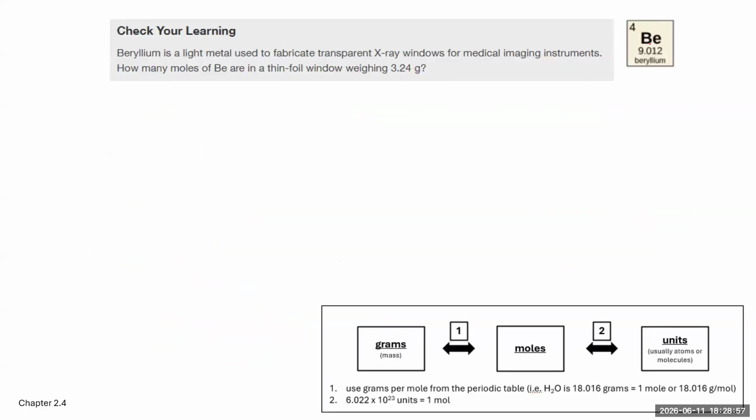Okay, let's just start doing stuff now. Okay, beryllium is a light metal used to fabricate transparent X-ray windows for medical imaging instruments. How many moles of beryllium are in a thin foil window weighing 3.24 grams?